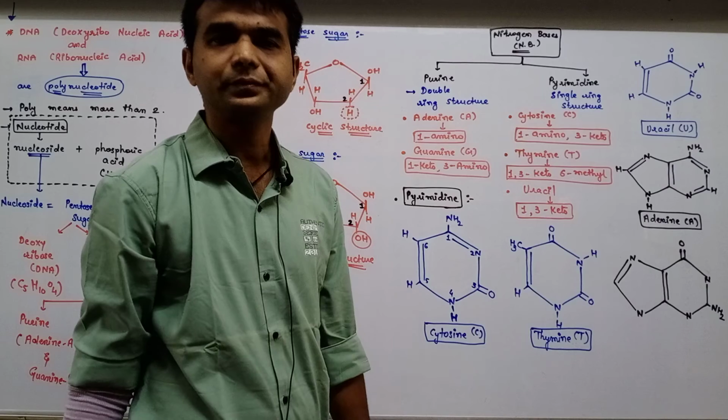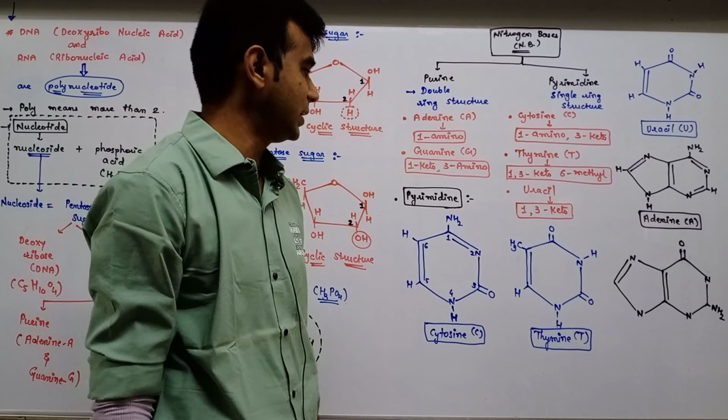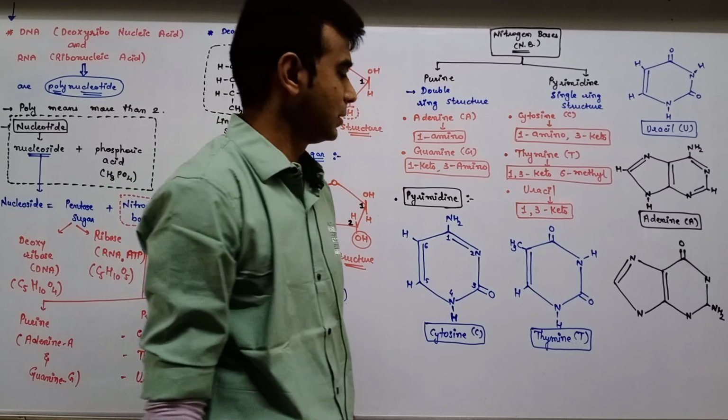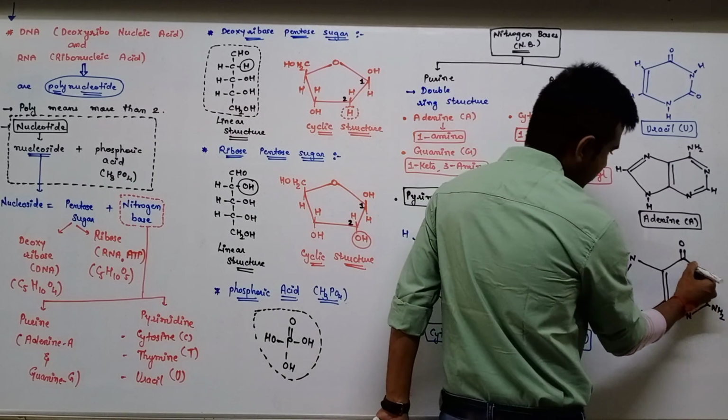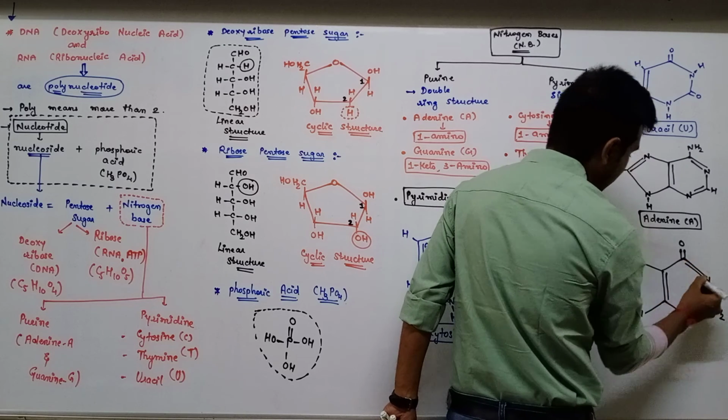Okay. According to the rule, I put the ketone and amino group there. So between these two, I will put the two alternate bonds.